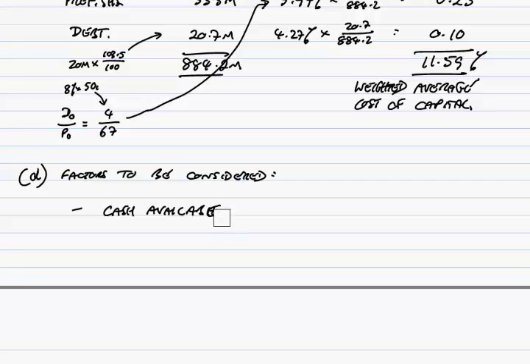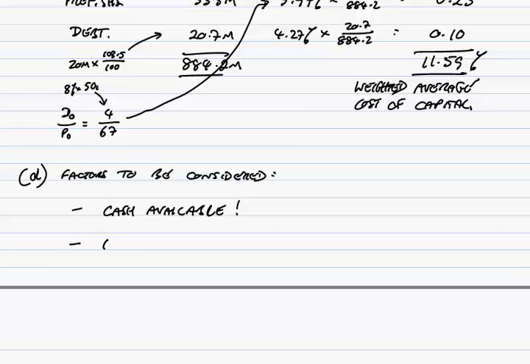I can't spell. Clearly, the most dividend they can ever pay is the cash that happens to be available. That's going to be a prime factor.